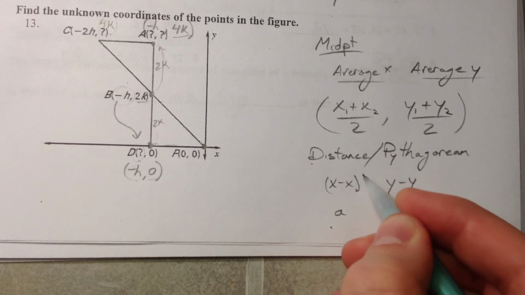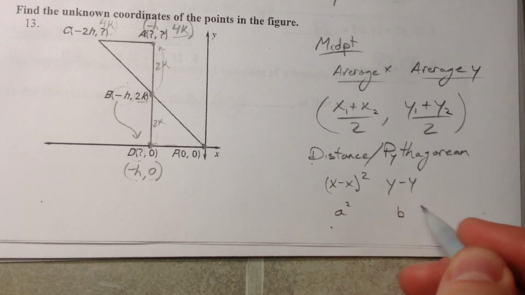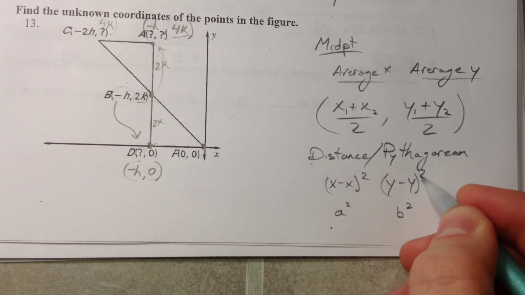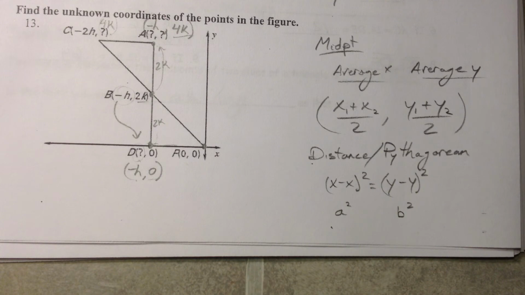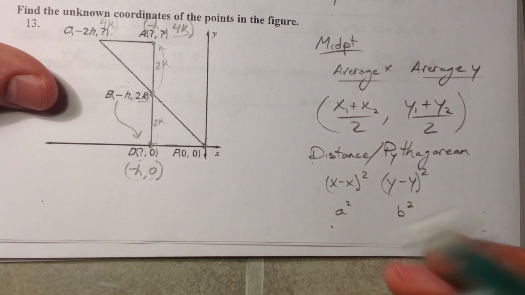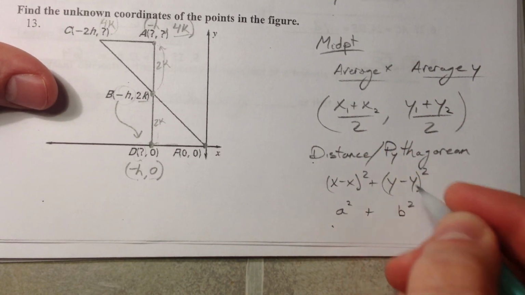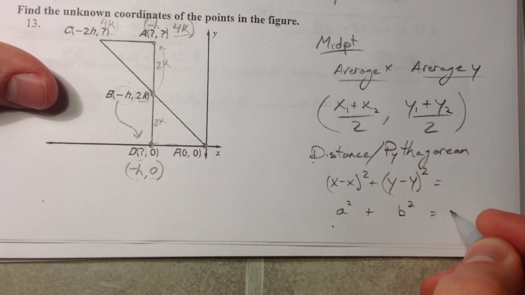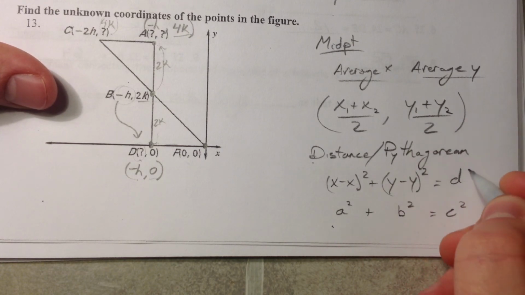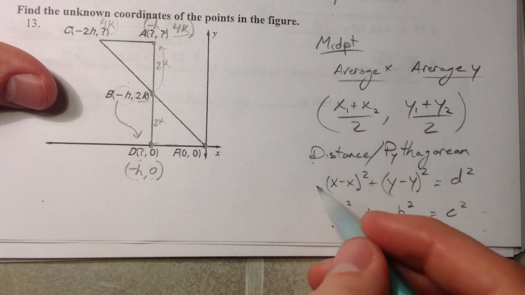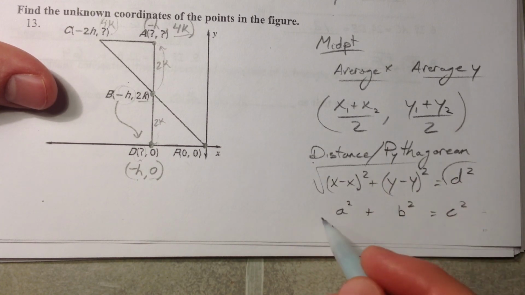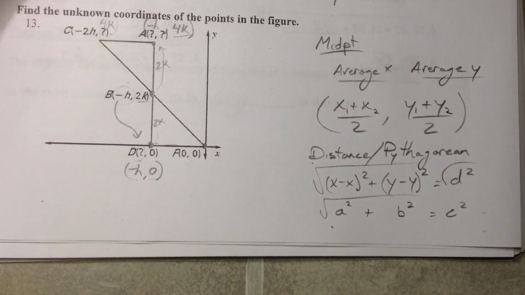And then you square them. And then a squared plus b squared equals c squared. And so this is equal to your distance, whatever it is, but then we take our square root of both sides, and that's where the distance formula comes from.